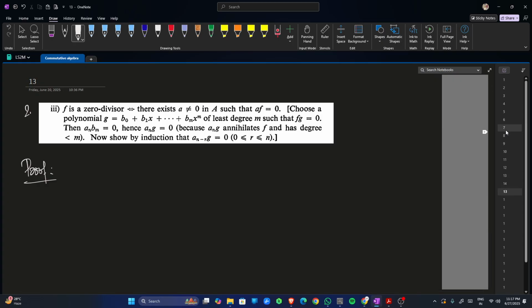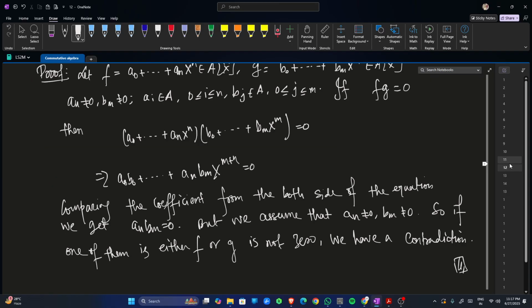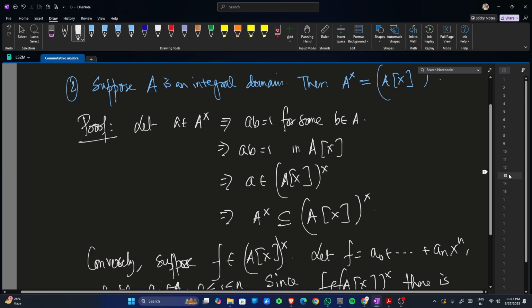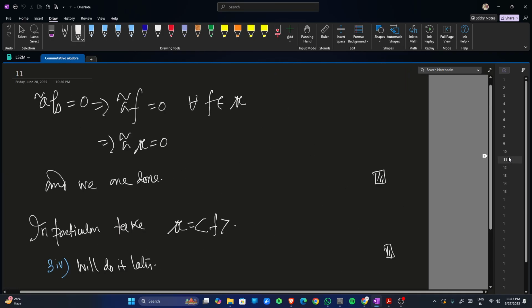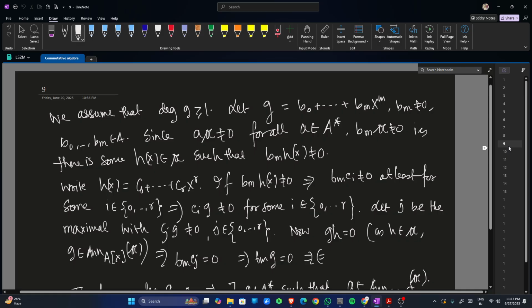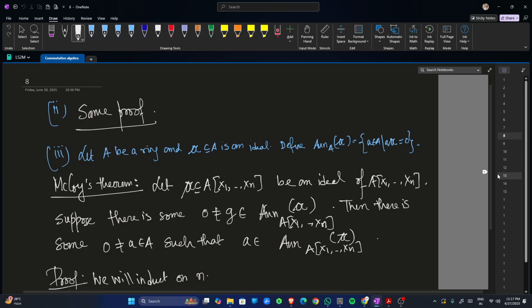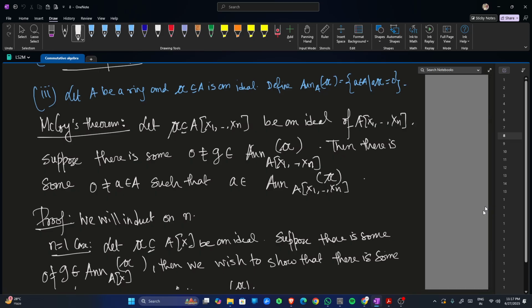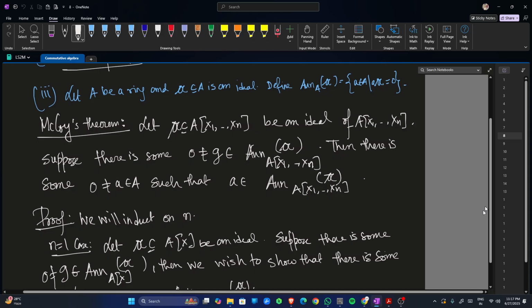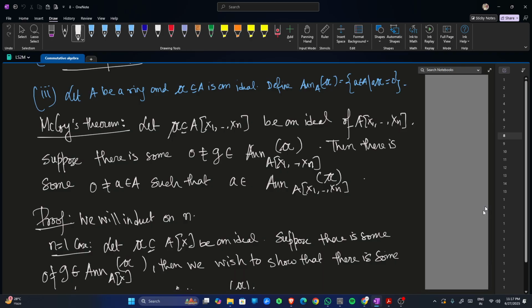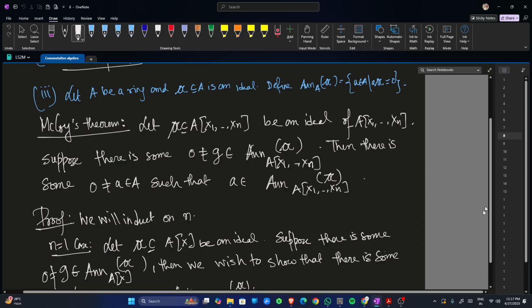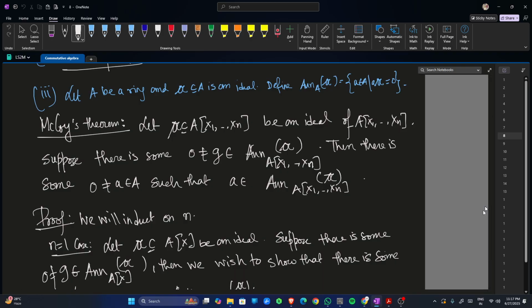So where is McCoy's theorem? Just a minute. Okay, in McCoy's theorem, we have proved something more general about the annihilator of an ideal, which states the following: let A be an ideal in a several variable polynomial ring, and if there exists some non-zero polynomial in the annihilator of A, then there is a scalar in that annihilator.